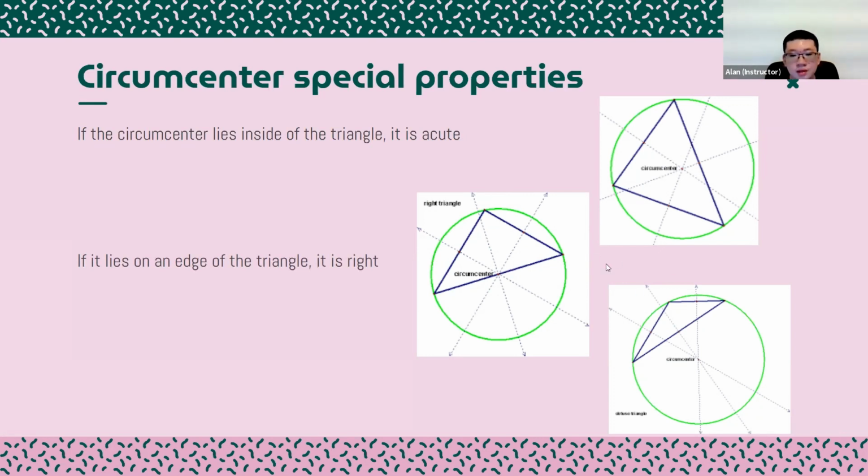In the middle graphic, you can see that the circumcenter is right on the triangle, and it's also a right triangle. And finally, if the circumcenter lies outside of the triangle, it's going to be an obtuse triangle. In the third picture, the circumcenter is outside of the triangle, and it's obvious that it's also an obtuse triangle.